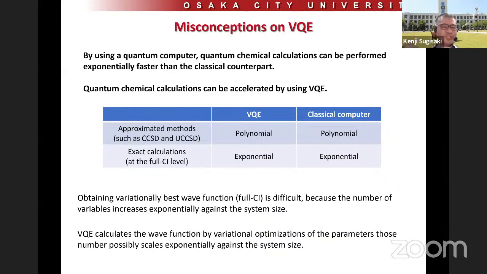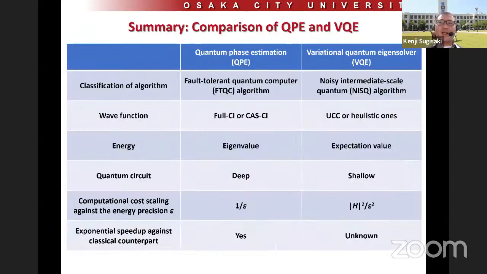So the number of parameters possibly scales exponentially against the system size towards the exact wave function. So using VQE doesn't directly mean quantum acceleration. This is a very important point. So finally, let me summarize today's talk by comparing quantum phase estimation and VQE.